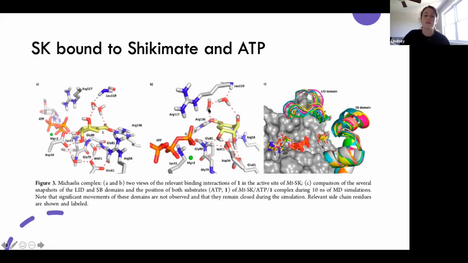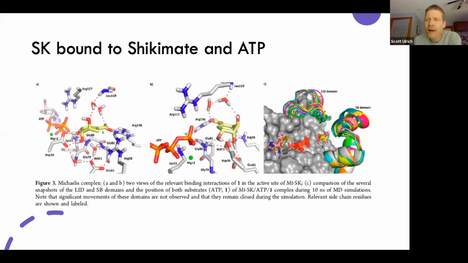And then the arginine 136 is also an important one, which I will talk about more later because it changes with the different inhibitor, and those form the connections to the enzyme between shikimate and the enzyme. And then the ATP ones are right here, and there's a lot of electrostatic interactions.